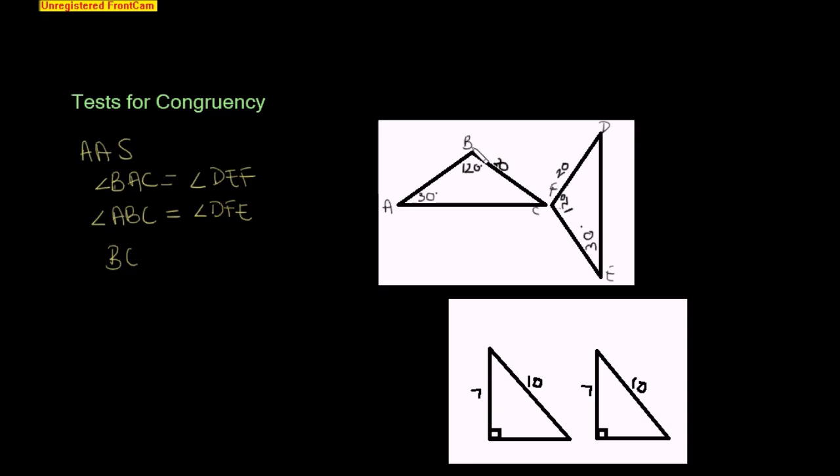So this one's BC, and that's equal to this side here, DF. So we've shown two angles and a side that are equal, so therefore the triangle ABC is congruent to, and we use the equal sign with three lines, triangle DEF.